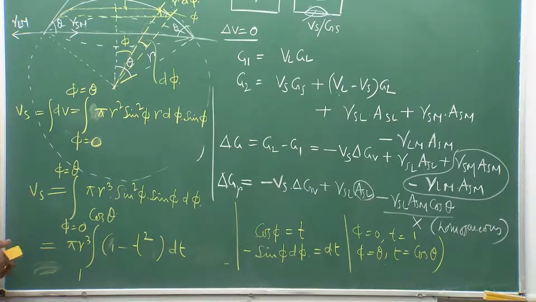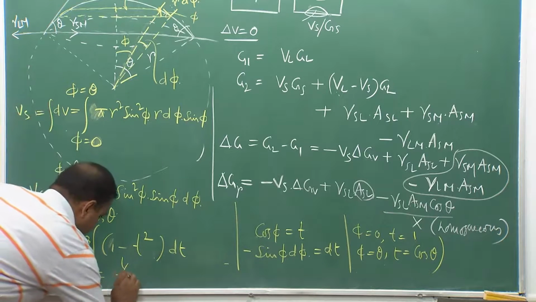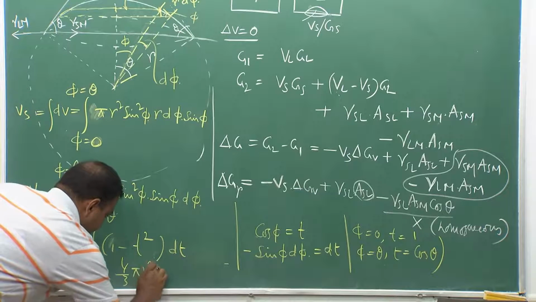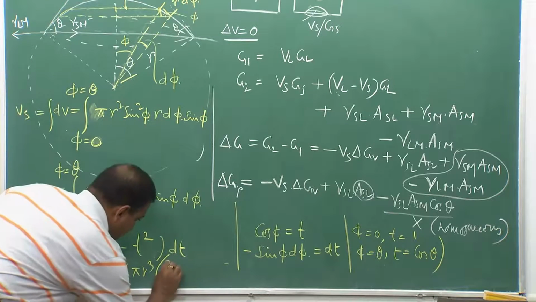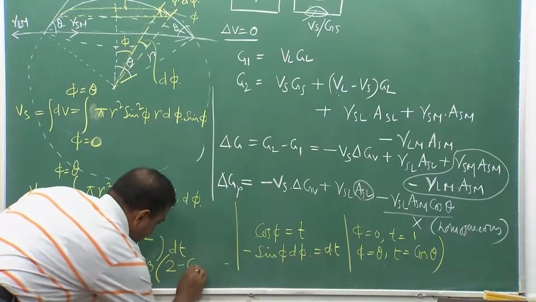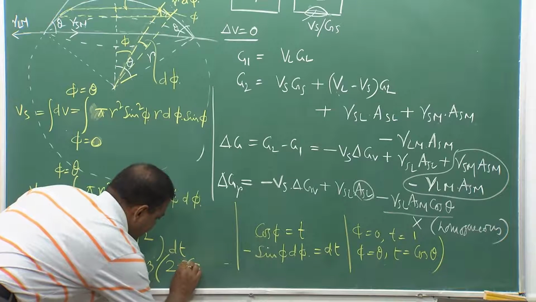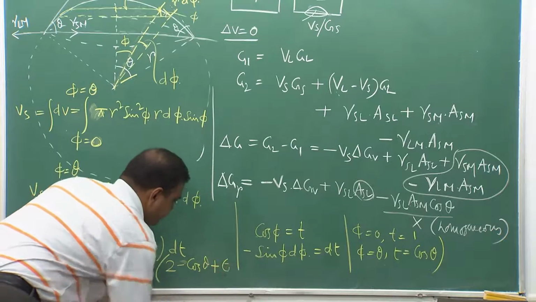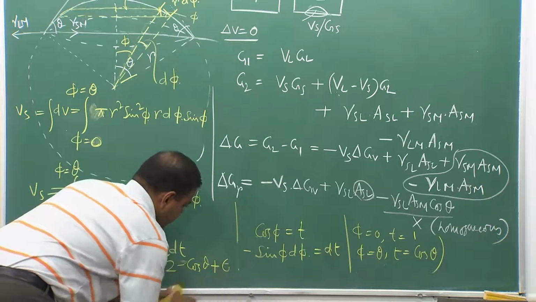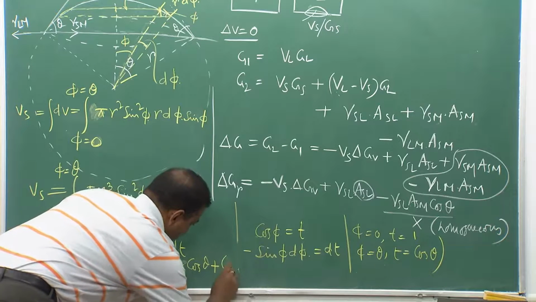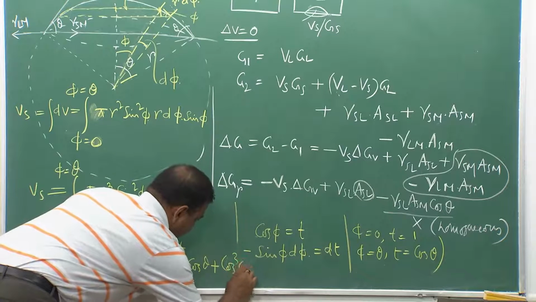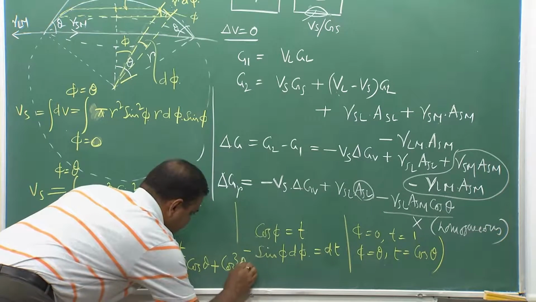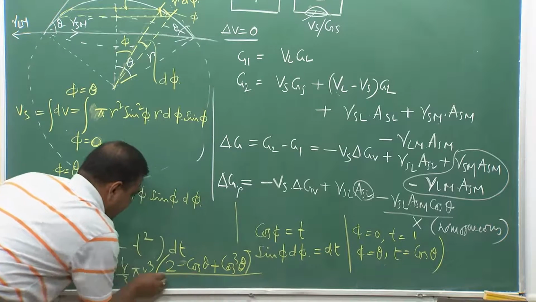So, if we solve this, we will get, after readjustment, 4 by 3 pi r cube, 2 minus 3 cos theta plus cos cube theta, divided by 4.